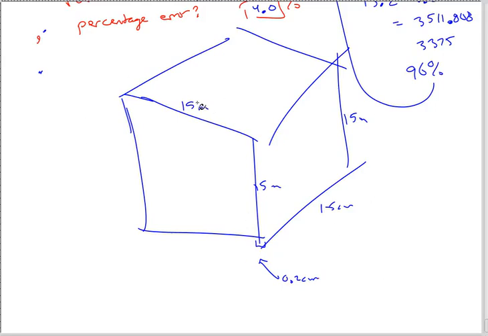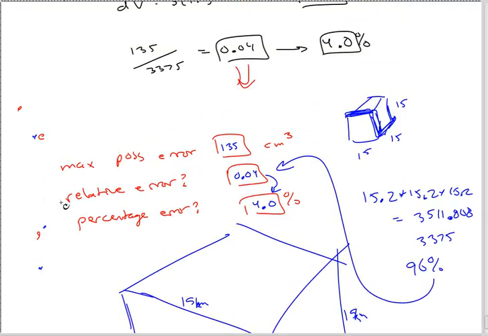Let's just say it's 15 kilometers. Like a space cube. This is so huge. It's like a city in space. And it's off by 0.2 centimeters. Relatively, that doesn't mean a lot. Okay? 0.2 centimeters is very tiny compared to 15 kilometers. And so that's what they're really asking for: what's this relative error? So that's why we divide them out to see about what it would be.